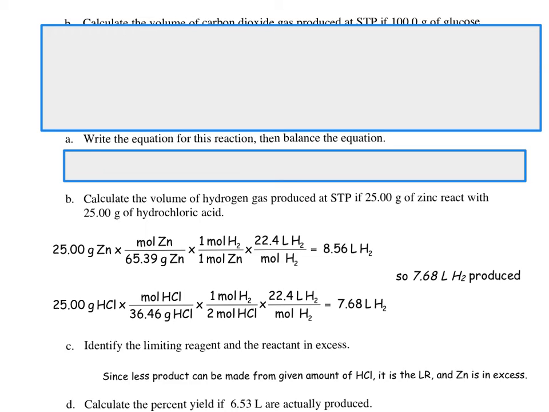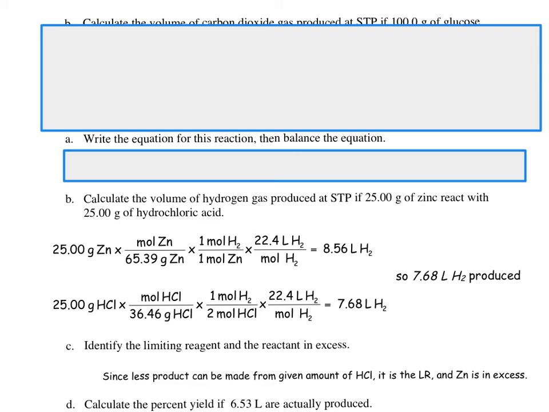by doing some stoichiometry. So remember, the general plan or strategy for doing this is to take the given quantities of both of the reactants and calculate how much of one of the products could be produced. If the question is asking particularly about one of the products, then that's the one you should find out about. So in this case, the question is asking about how much hydrogen gas would be produced.